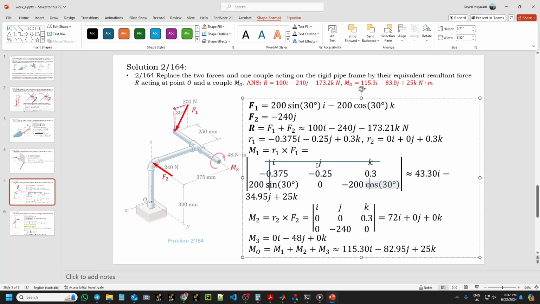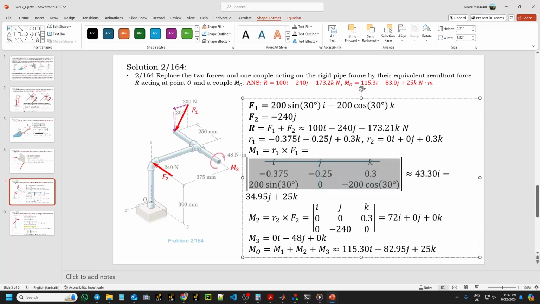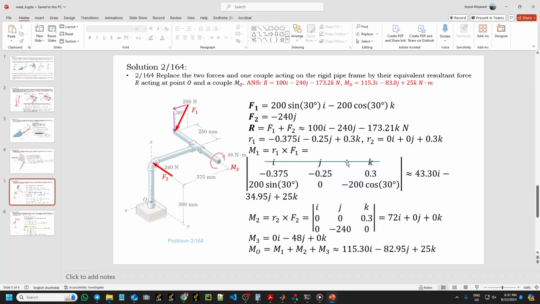And for the second one, remember that when you hide the second column, you have to put a negative, and then this one times this, negative 200 cosine 30, minus 0.3 times this. And for the third, you will do the same thing. You will just move this one here, and we obtain the determinant of this one.